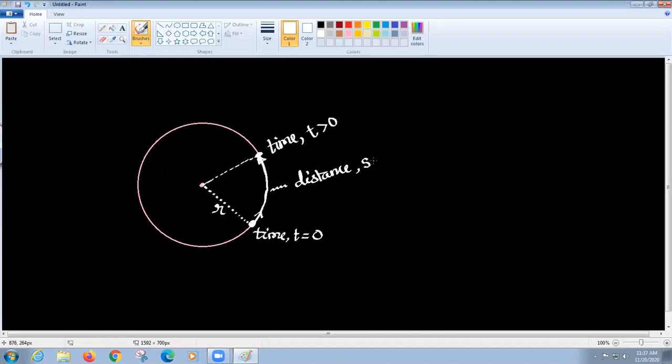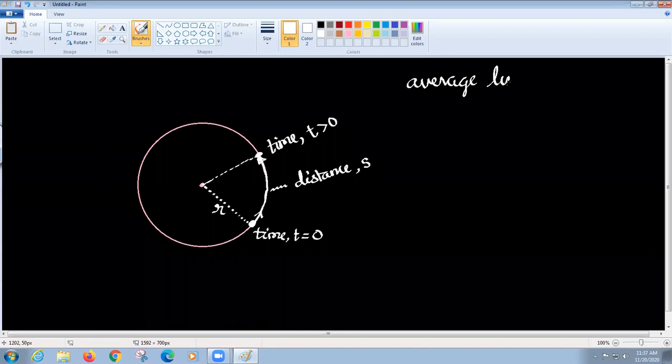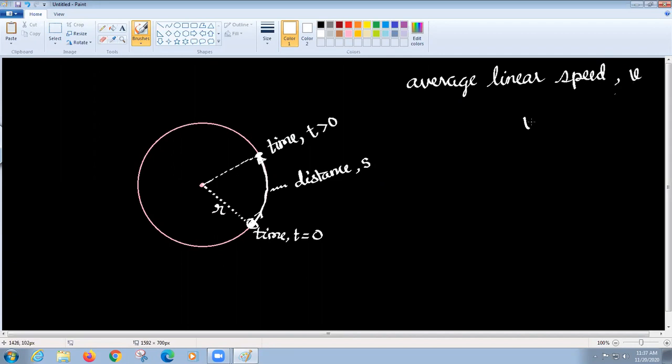Now you tell me what is the linear speed of the particle. If I ask you the average linear speed of the object, say it is v. So v is equal to what here? You have some curve like this, right?